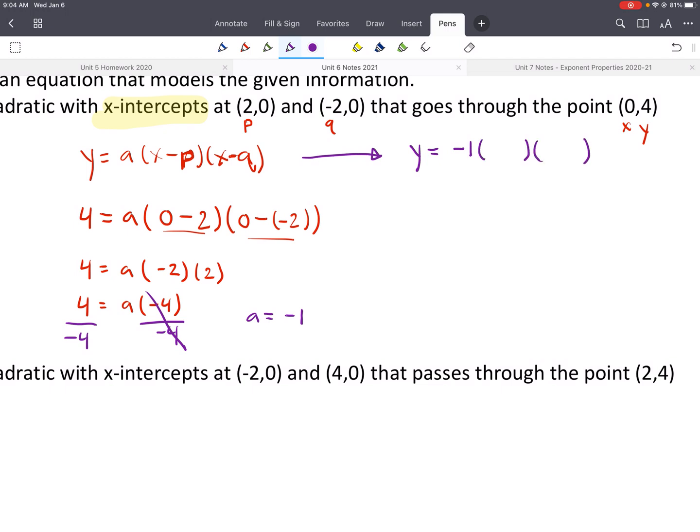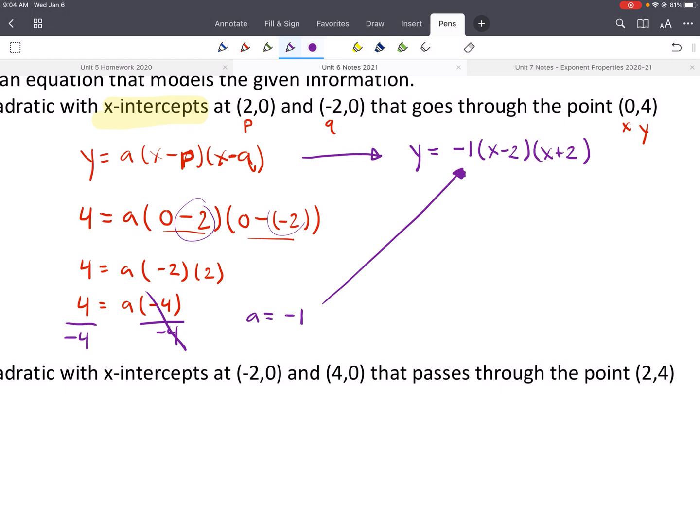Once you put it in our final equation, we don't substitute anything for the y's or x's. So y equals negative 1, we'll do x minus 2, and that's just the same thing here, and x plus 2.